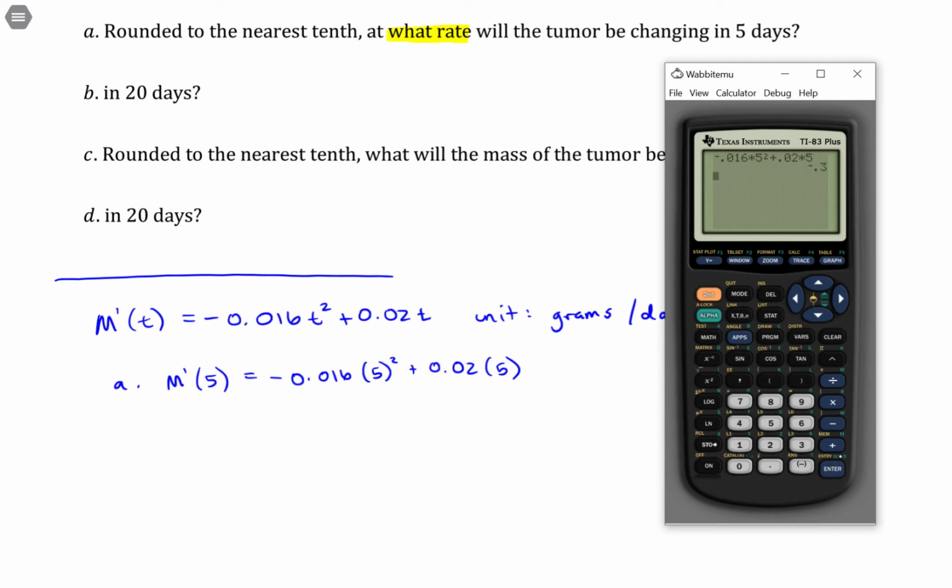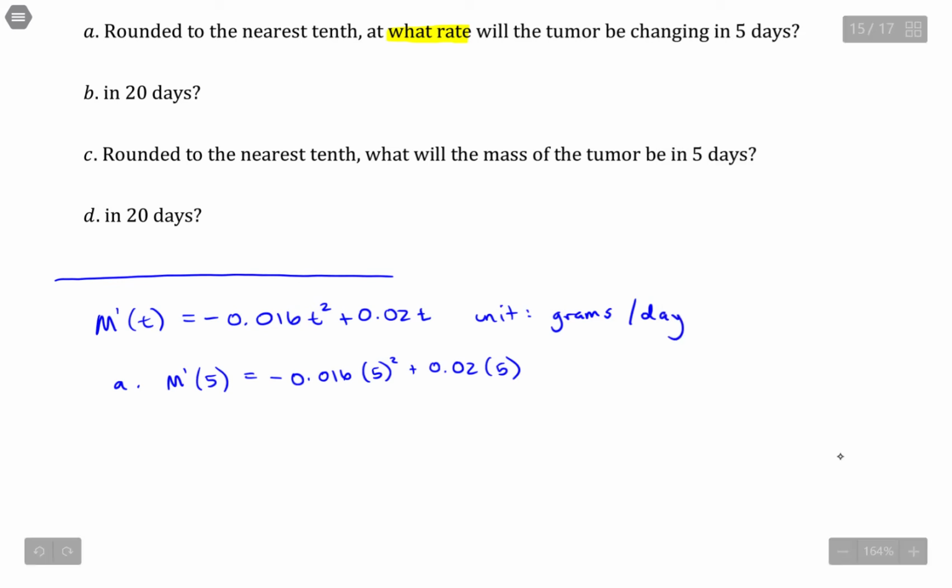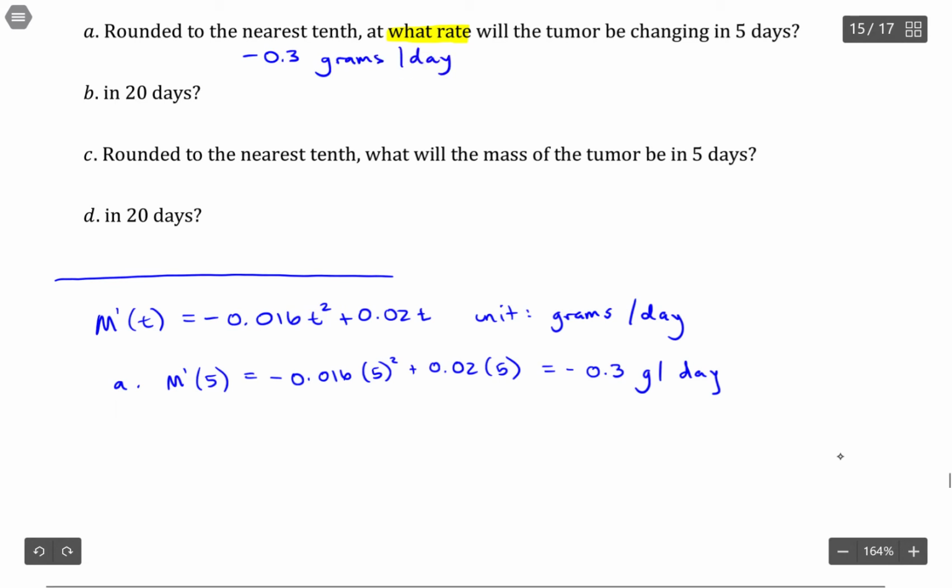So that's negative 0.3, and that is in terms of grams per day. So it's decreasing in size by 0.3 grams per day.